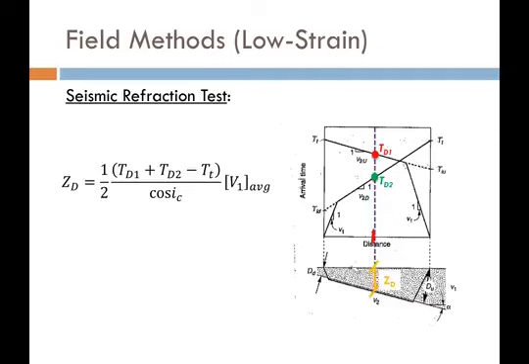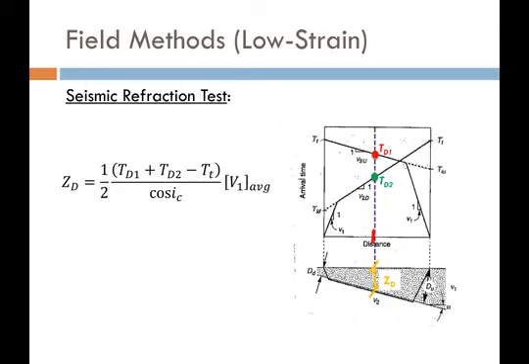So if I moved over to this point right here, I would pick that little dot that I'm drawing as my TD2. This little dot that I'm drawing is TD1, and I would solve for this thickness right here.